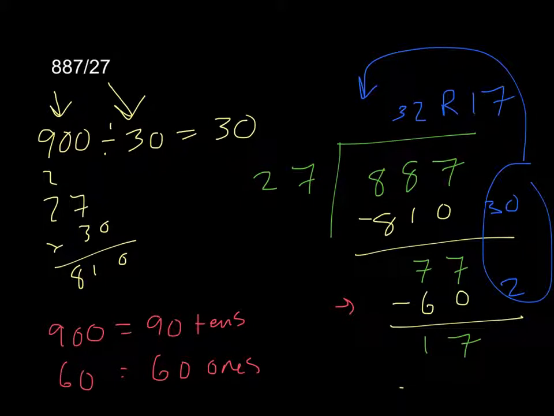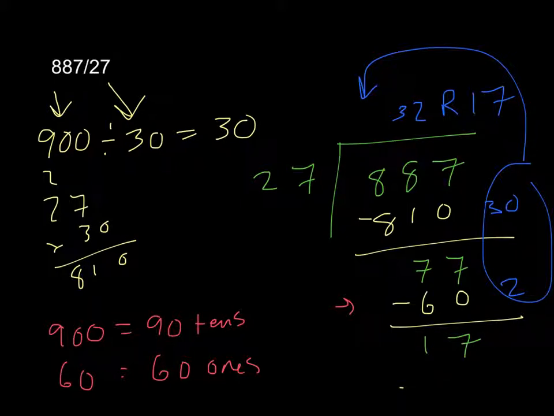The first step does not need to be precise as long as you're in the ballpark, and then you know how to adjust from there. If I did 800 divided by 40, I would have 20 instead of 30 here, and I would still get in the same ballpark and need to adjust it from there.